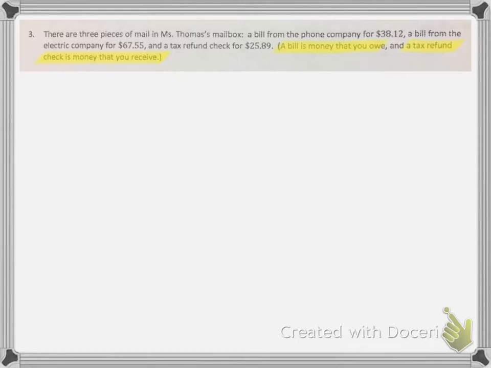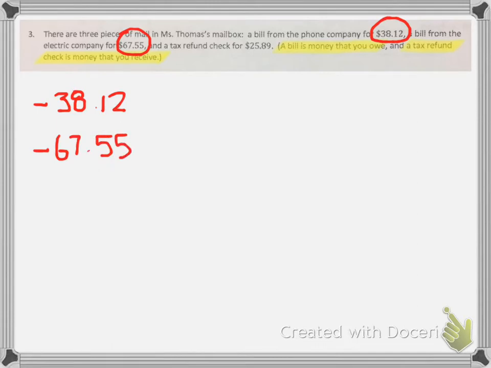So let's start with this $38.12. That is a bill, so I'm going to have to pay it. That's a negative $38.12. A bill from the electric company, another negative $67.55. And then the last one is a refund check for $25.89. That's a positive $25.89.